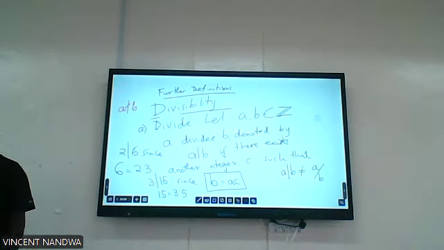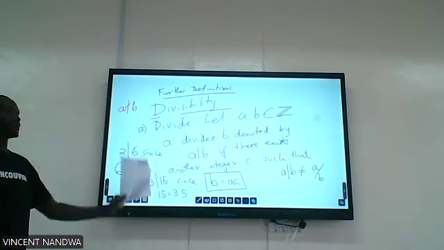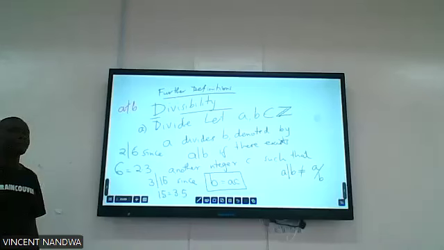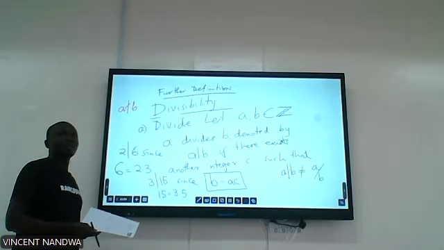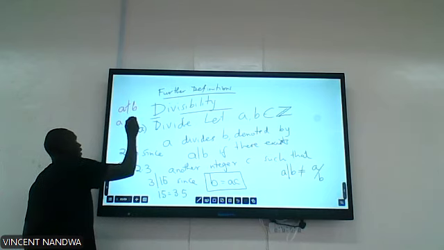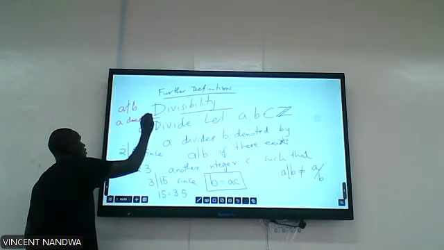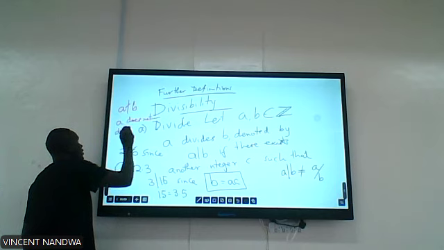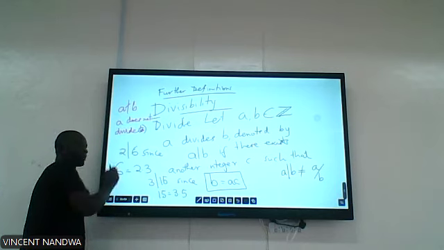What is the meaning of this notation? Yes, this means a does not divide b.